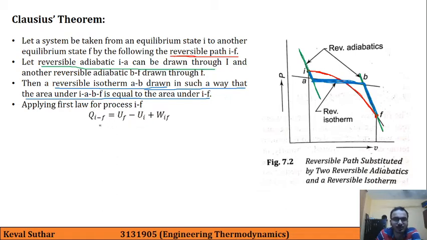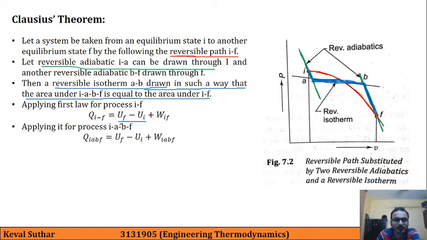As we are all aware, Q_IF is equal to the change in internal energy, U_F minus U_I, plus W_IF, the work done during this path I to F. Now we can also apply the first law for the group of these lines, that is I to A, then A to B, and then B to F. So Q_IABF is equal to U_F minus U_I plus W_IABF.